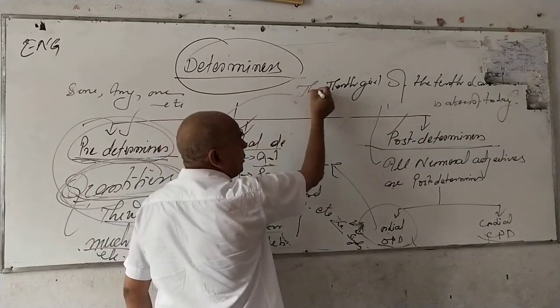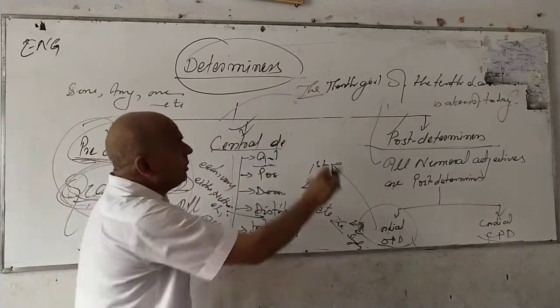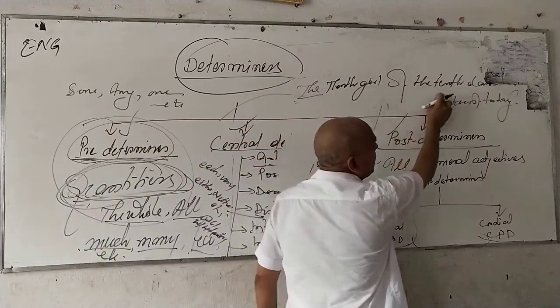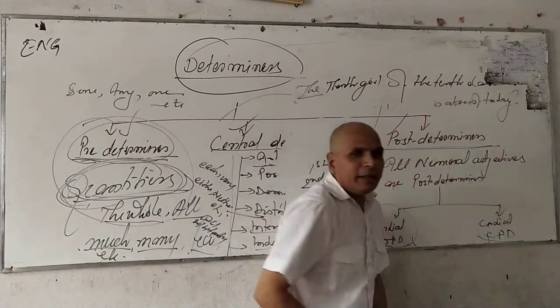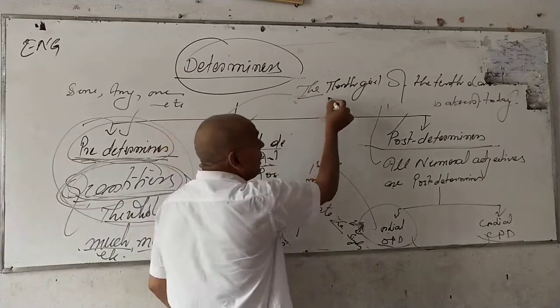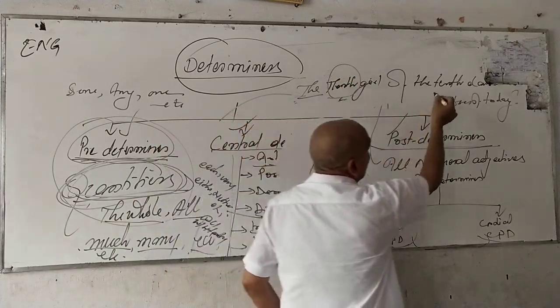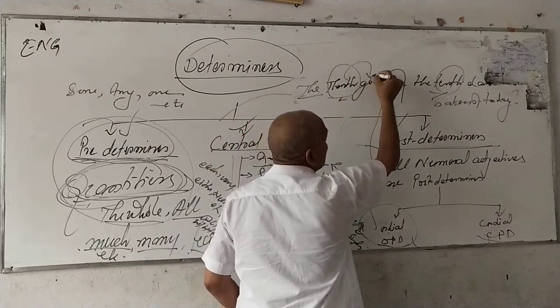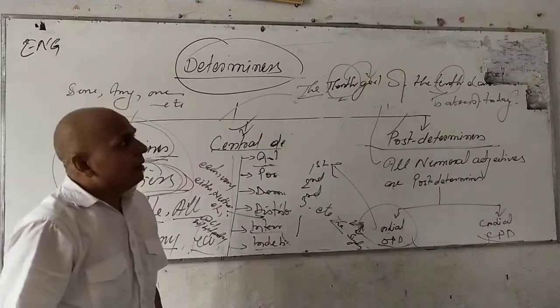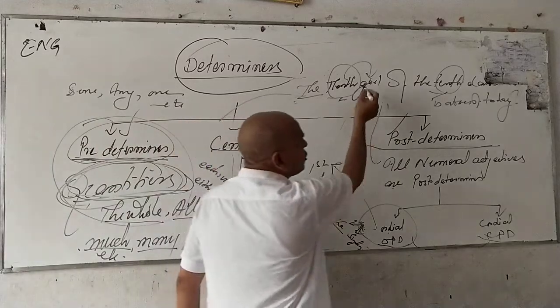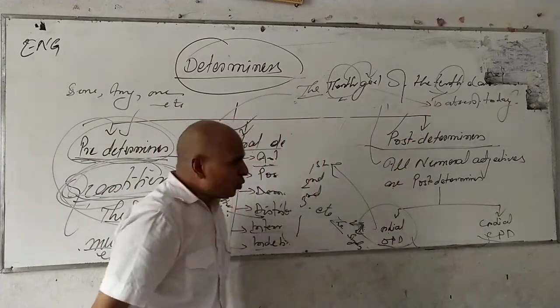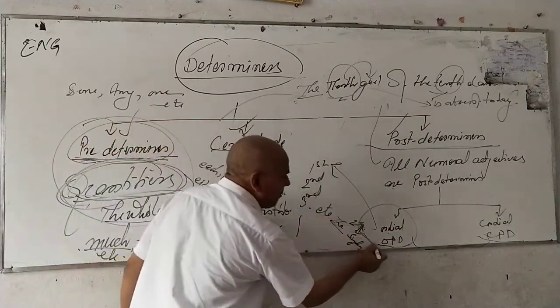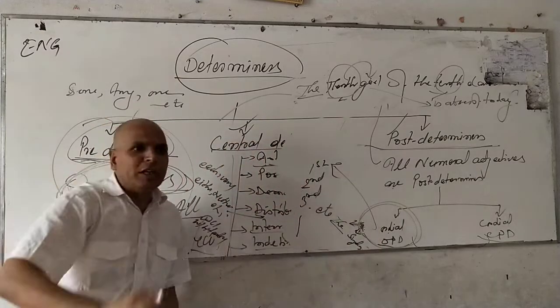With 10th, we have to use the article the also. The 10th girl of the 10th class is absent today. Here, ordinal determiner 10th, ordinal determiner 10th, and that's why the noun is supposed to be singular, and that's why the verb also is supposed to be singular. So this ordinal determiner always binds the sentence to be singular.